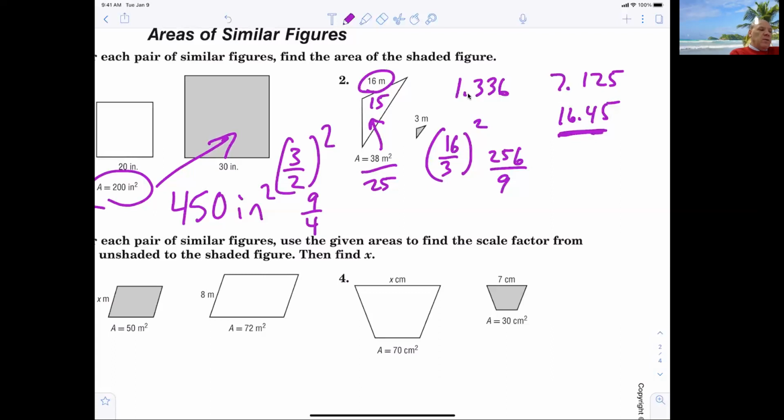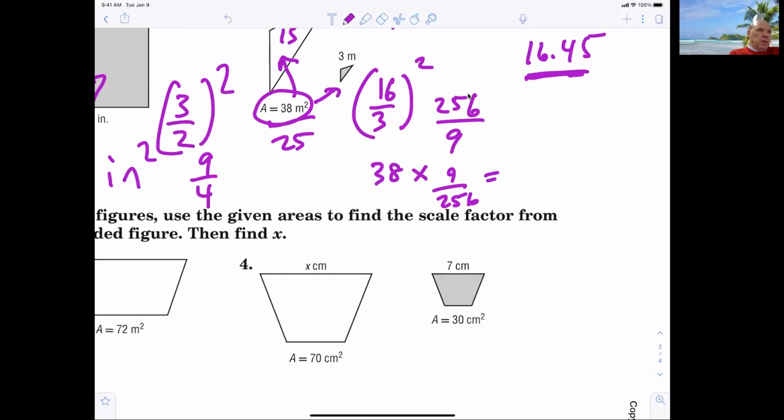Now I'm going from this area to this area. I'm dividing it, right? So if I wanted to, I could say 38 divided by 256 ninths, which is the same as times 9 over 256. So somebody tell me what 38 times 9 is. 380, 342.